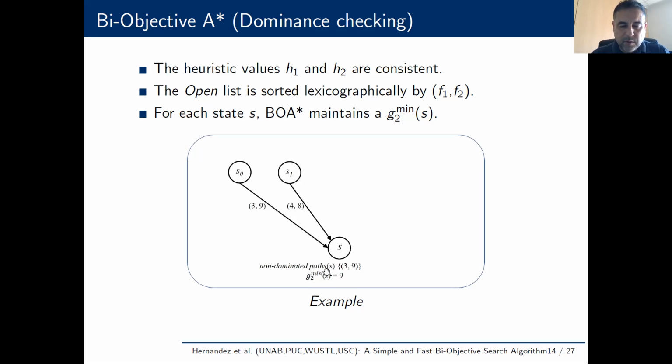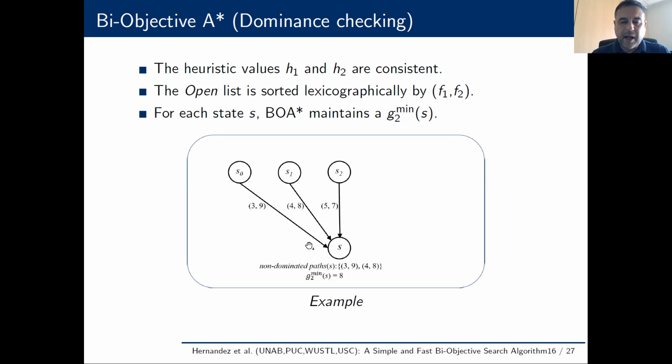Here the G2 value of the last path found is G2 min, in this case 9. And as we see, 8 is lower than 9, and we can safely add this path to the non-dominated paths.